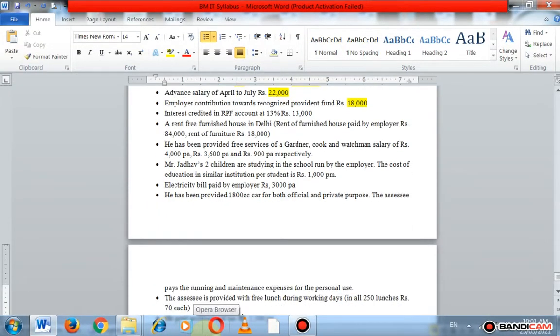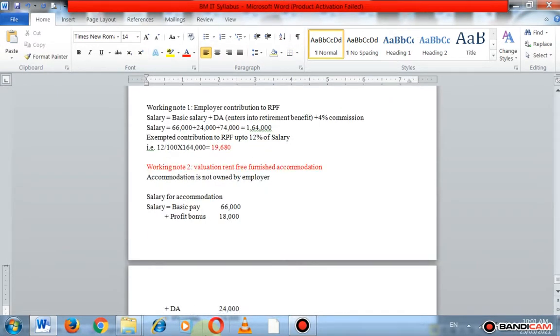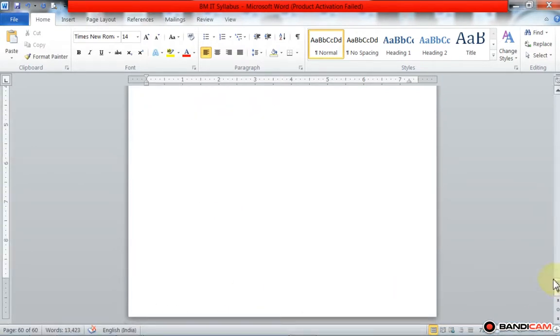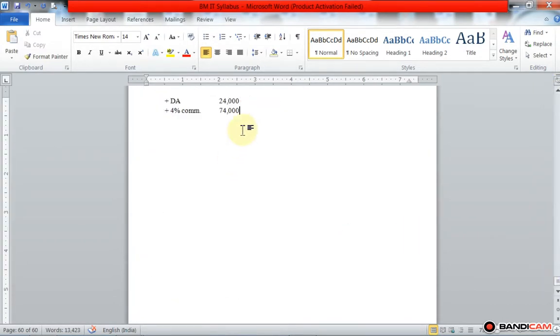Making the total, salary is equal to 1 lakh 82,000.